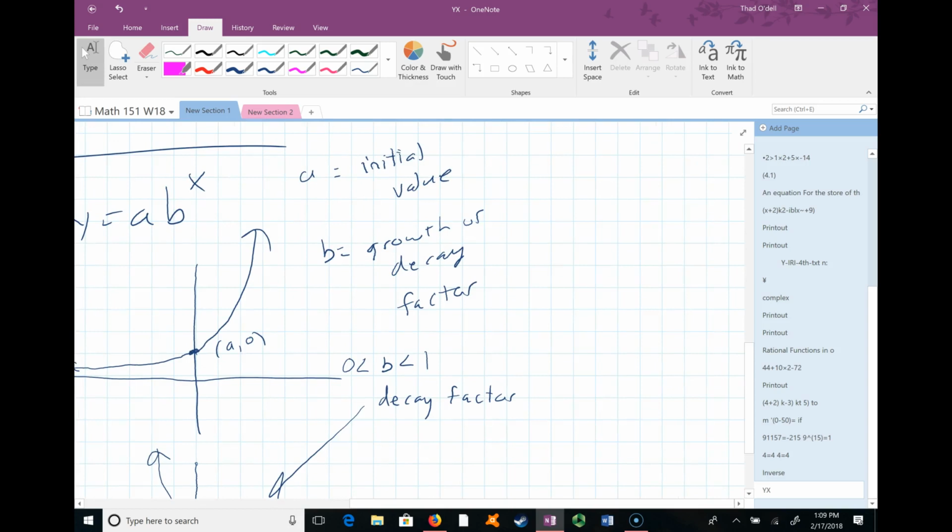If b is greater than 1, then it's called a growth factor, because if I'm multiplying over and over again by something greater than 1, it's going to grow. So a is the initial value, and b is either the growth or decay factor, depending on whether it's greater than 1 or less than 1.